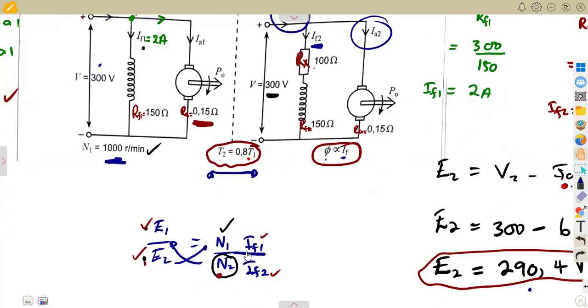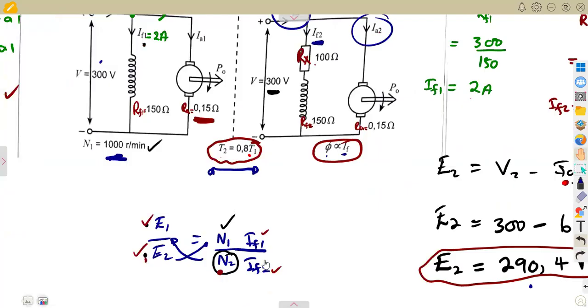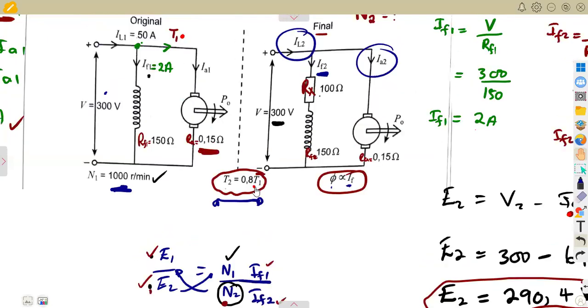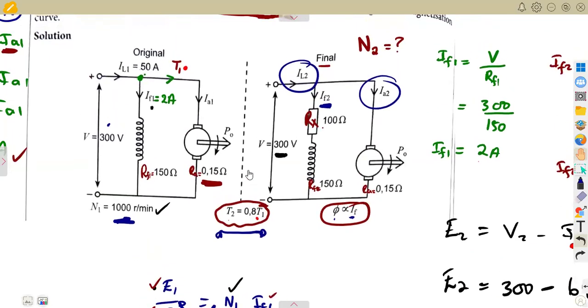Then the formula for the speed control, which is our main speed control formula. Remember, we had a flux there, but I said flux is proportional to the field current. We shall have more questions of this typical nature so that you understand how they ask these questions and how we are going to answer them.